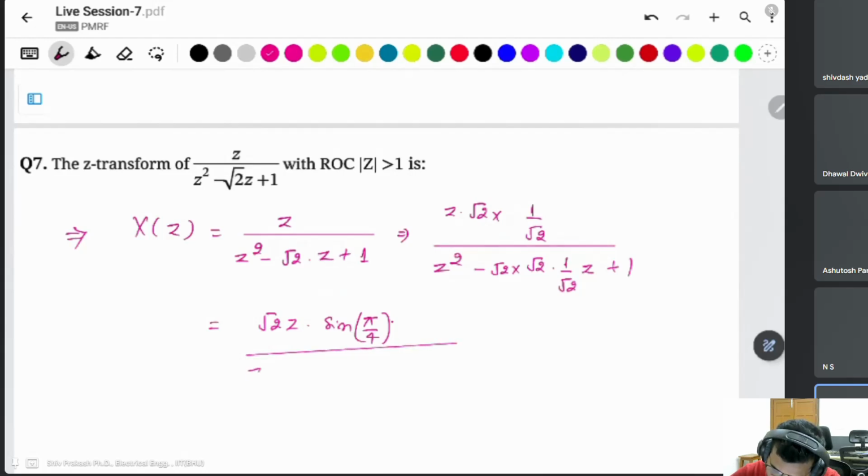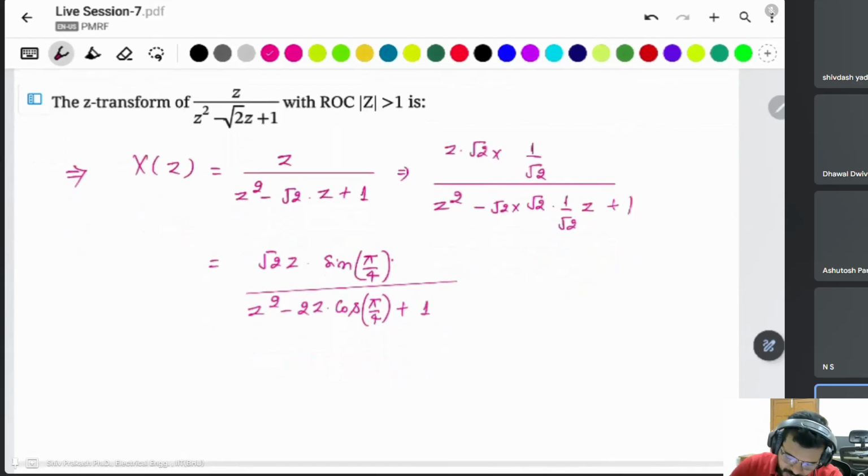The denominator can be written as Z square minus, this root 2 is 2, 1 by root 2 is 2Z into cos pi by 4, plus 1.